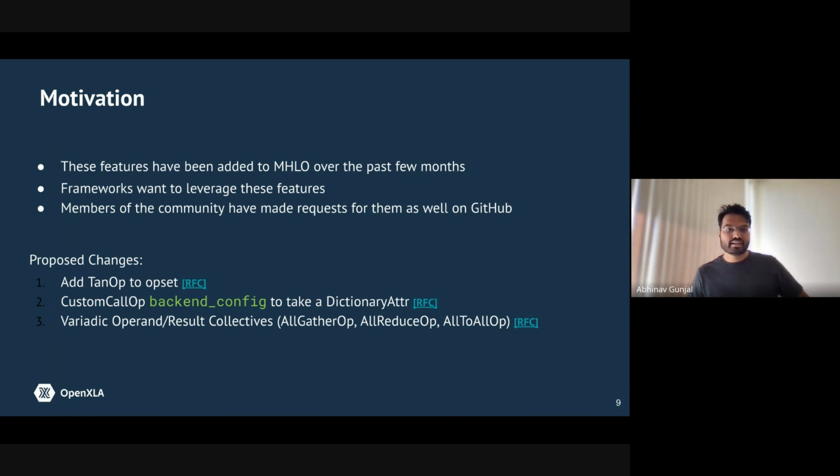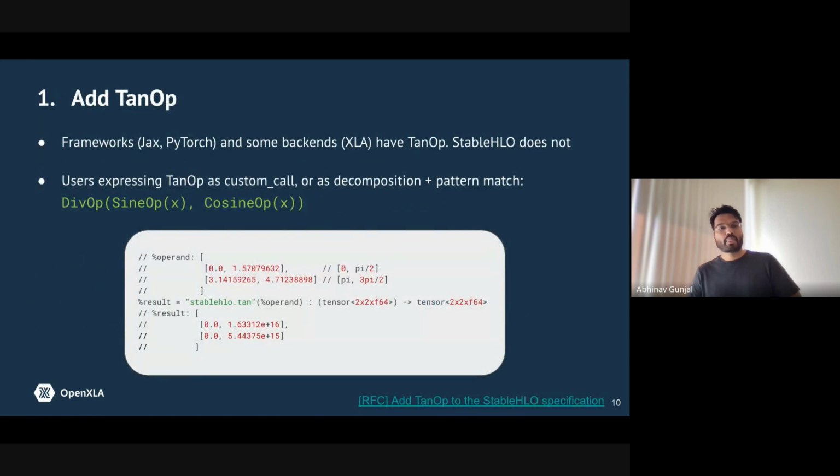All three RFCs are open, so feel free to take a look at those and provide your feedback after the presentation. Let's take a look at one by one what these changes are.